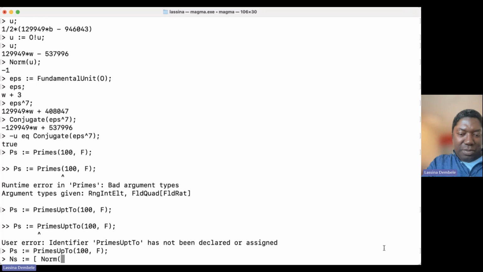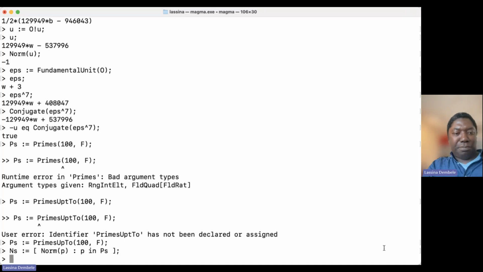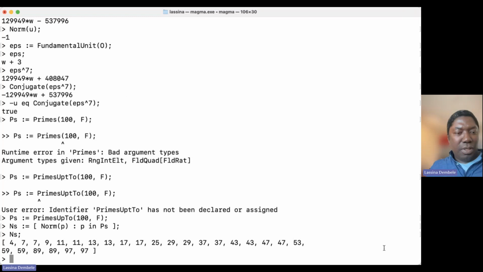So I take all the primes whose norm is less than 100. These are the norms of those primes, and we are going to play around and try to compute the reduction of this curve modulo some of those primes.